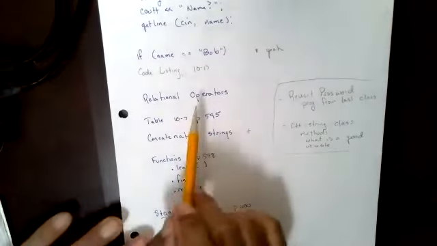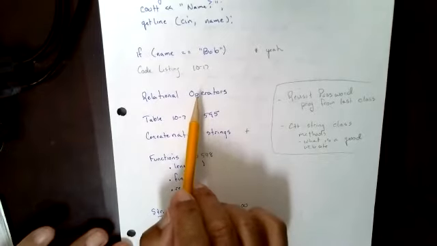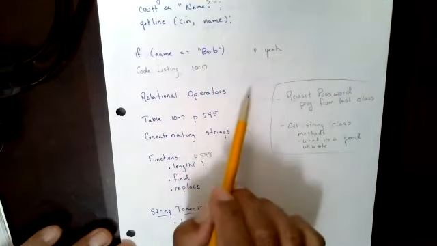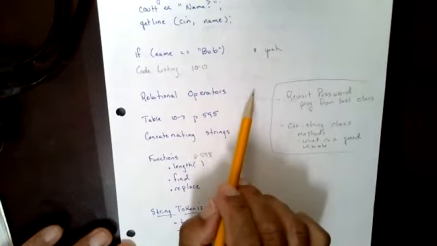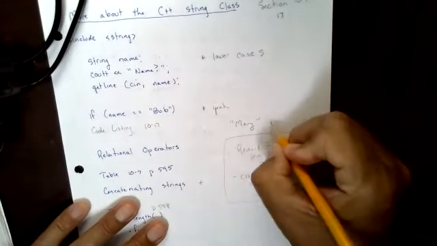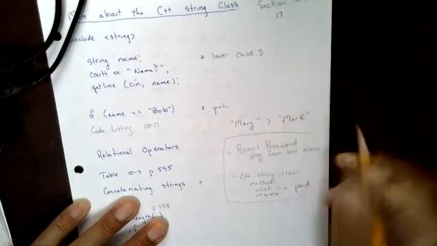The relational operators are great. I can compare strings. Is Mary greater than Mark? That's the whole capital M-A-R-Y. Is that greater than capital M-A-R-K?